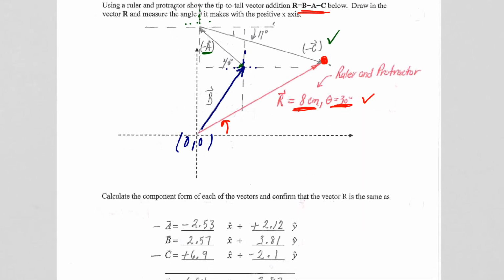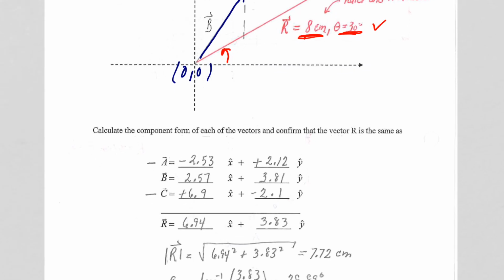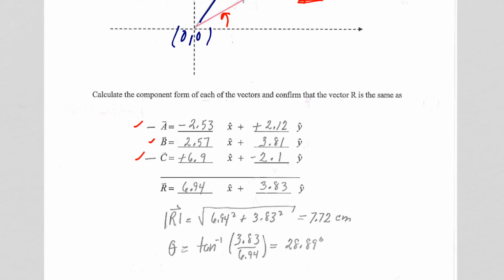And the last thing we need to do is take the addition of vector B and subtract vector A and subtract vector C. So if we do our component form, which mathematically you really want to work in component form because it makes the addition and subtraction of vectors as easy as adding and subtracting the x's and adding and subtracting the y's. When we're doing subtraction, you want to make sure you distribute your negative through. So I distribute the negative through for both the x term and for the y term for vector A, and the same for vector C.